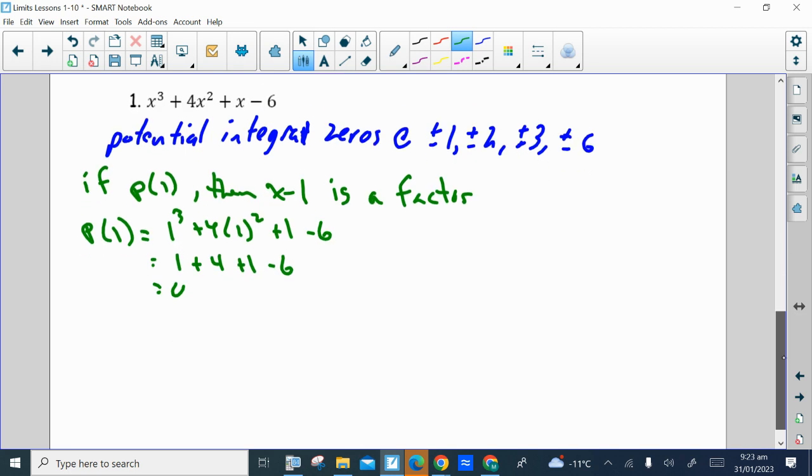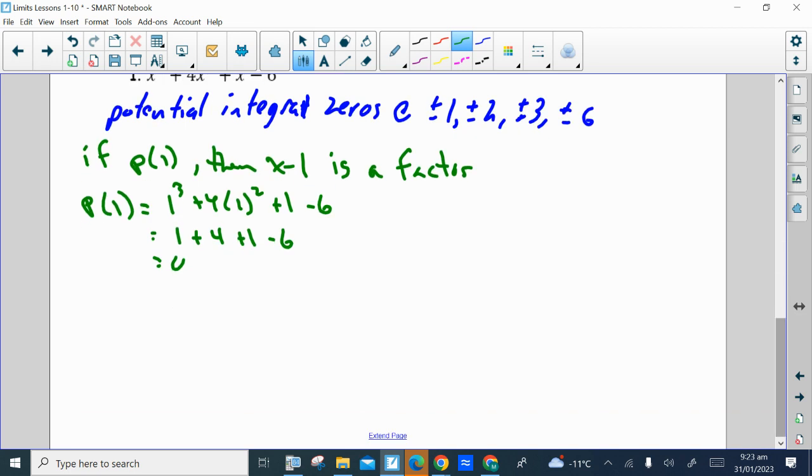So p at 1 does equal 0. Remember, p at a gives you the remainder when you divide by x minus a. And if the remainder is 0, that means that x minus a divides evenly into the polynomial. If it divides evenly in, that means it's a factor. So to factor this, then remember, we use synthetic division. And we often change it to x plus 1 to allow us to add as we were going through this.